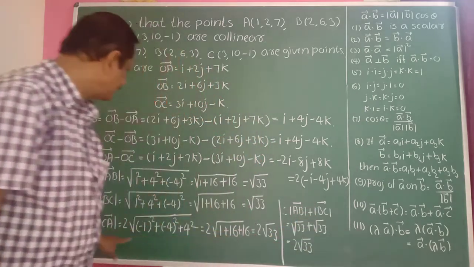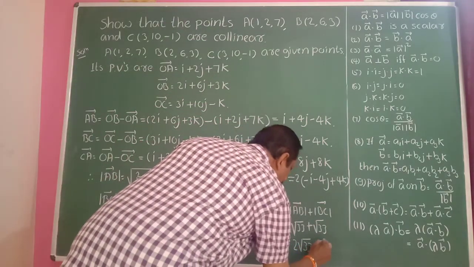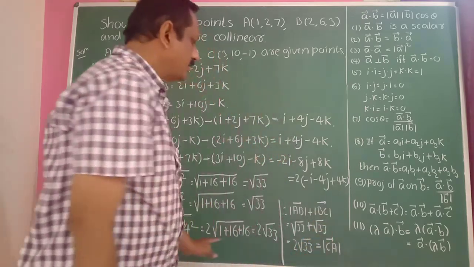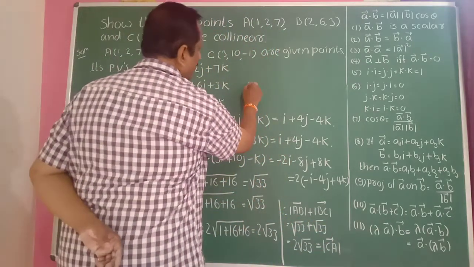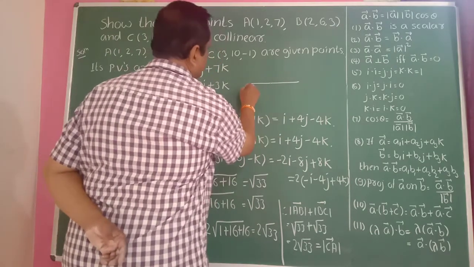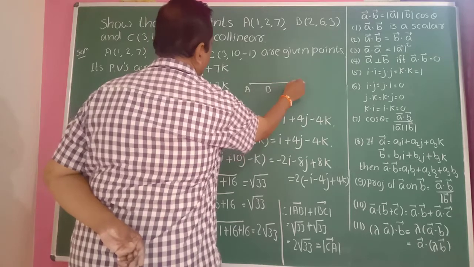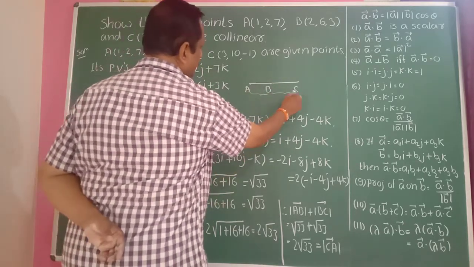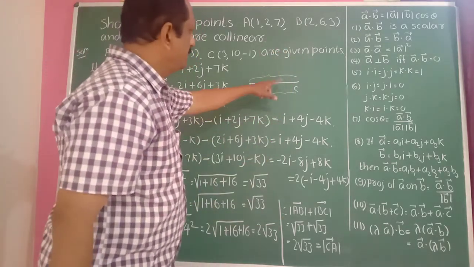But 2 root 33 is the modulus of CA. Yes, this is equal to the modulus of the vector CA. So AB plus BC is equal to CA. The modulus of AB is this one, the modulus of BC is this one, the modulus of AC is this one. So AB plus BC is equal to AC.